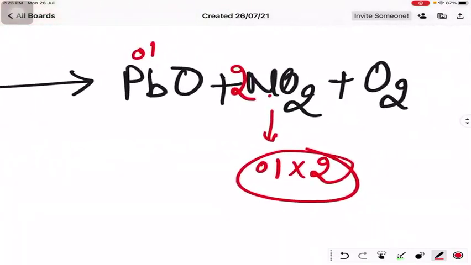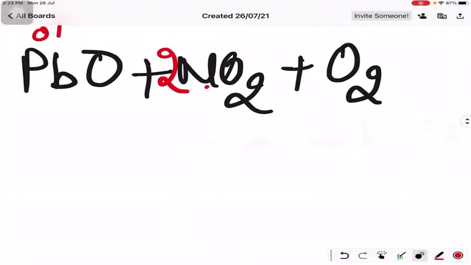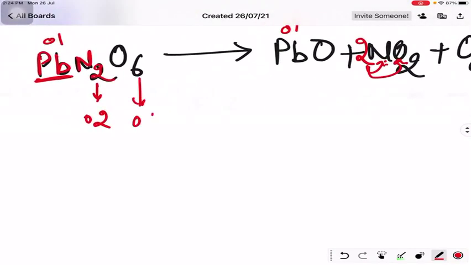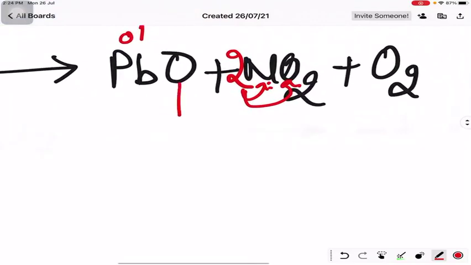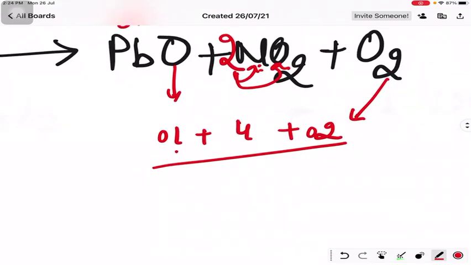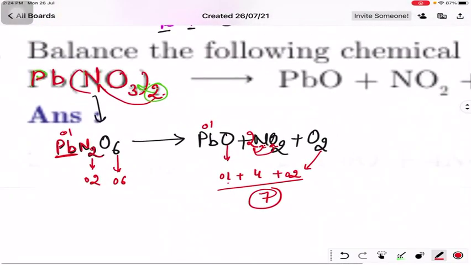When you are multiplying nitrogen dioxide by 2, actually you are increasing the number of atoms of oxygen also, because it is 2 and 2, and 2 2s are 4 oxygen. Now just check for oxygen atoms. Here number of oxygen is 6, on right hand side it is 1 plus 4 plus 2, so 7 oxygen atoms we are getting.